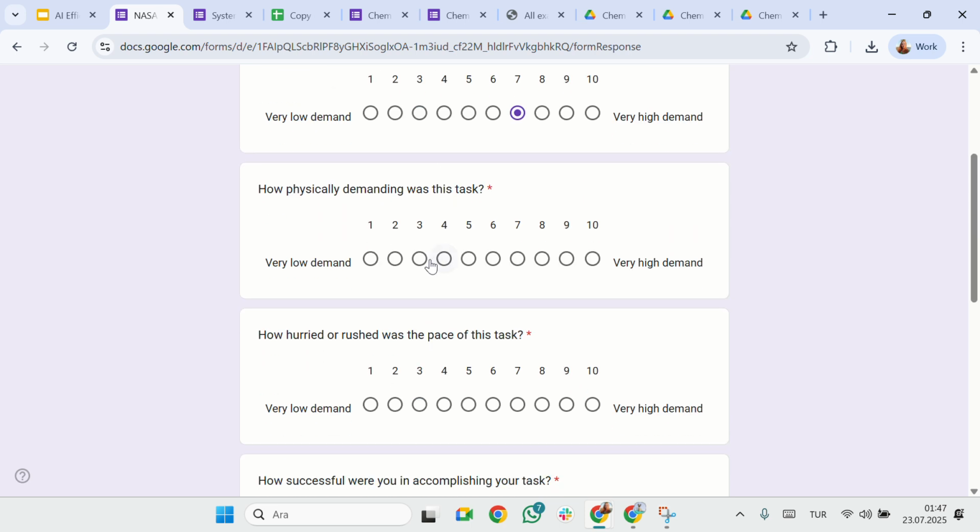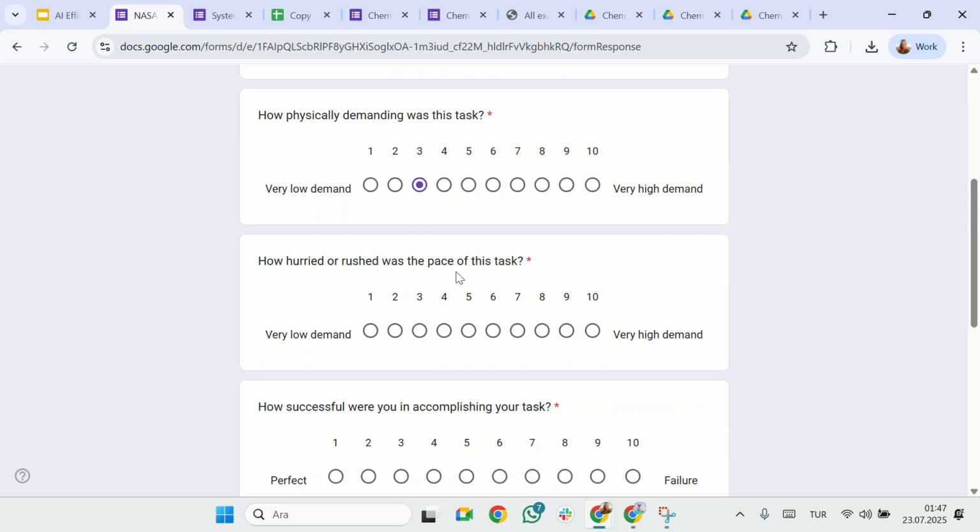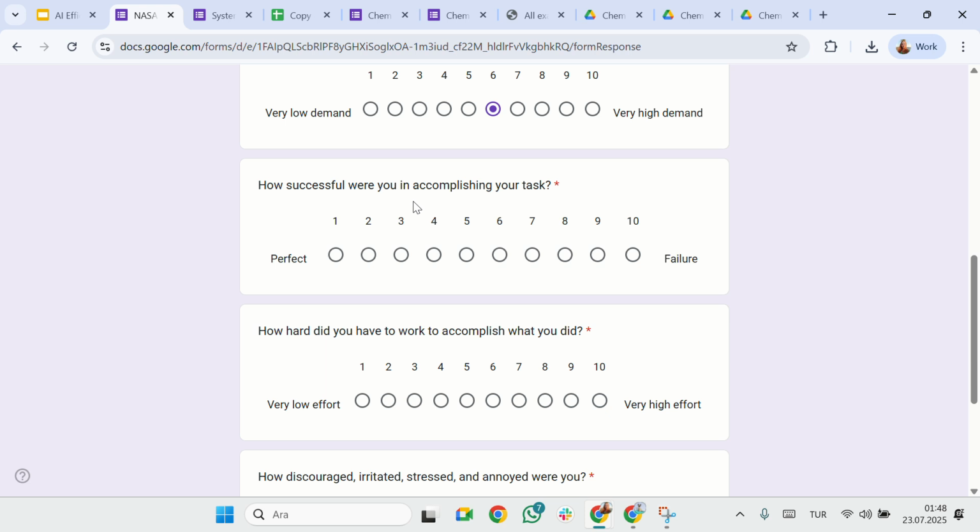Not that much. How hurried or rushed was the pace of this task? I think it was like in between. I say 6. How successful were you in accomplishing your task? I think I did pretty well.